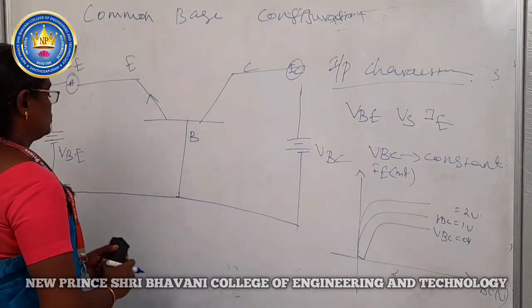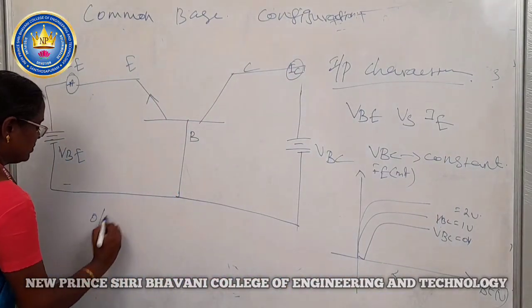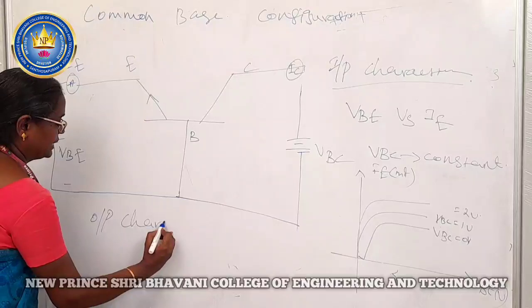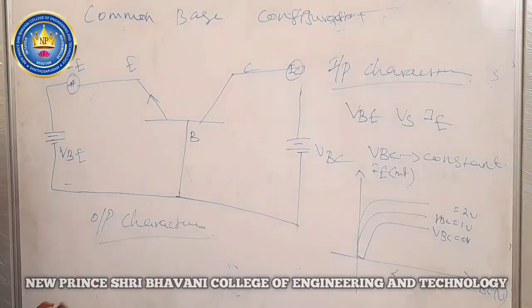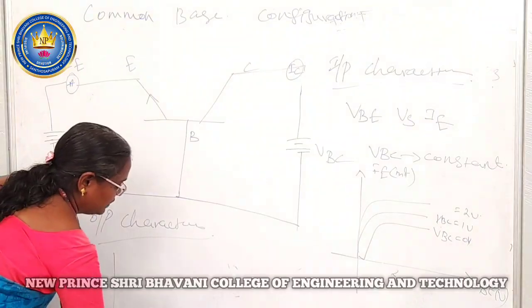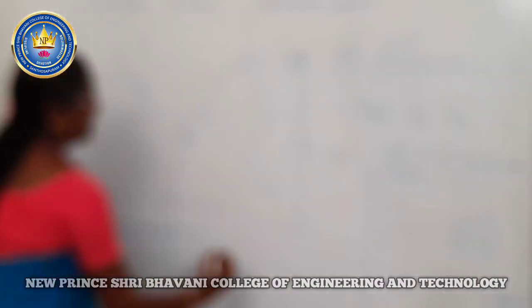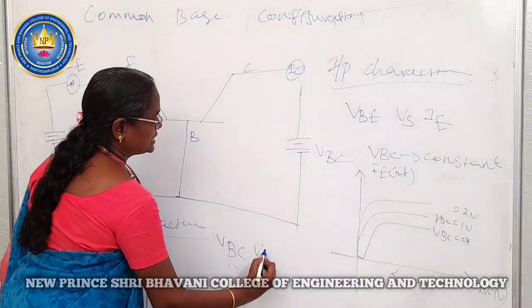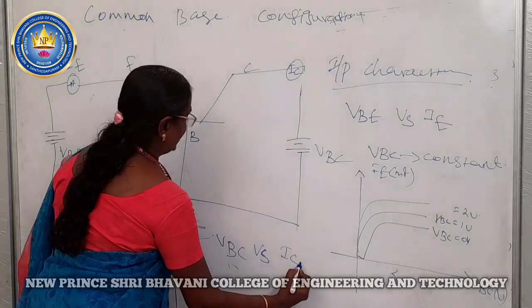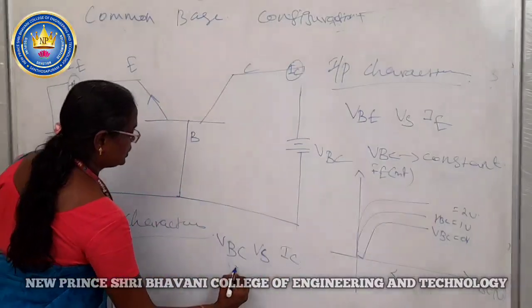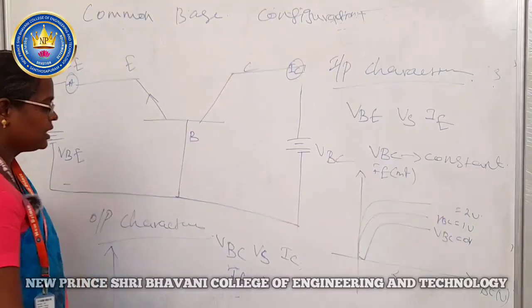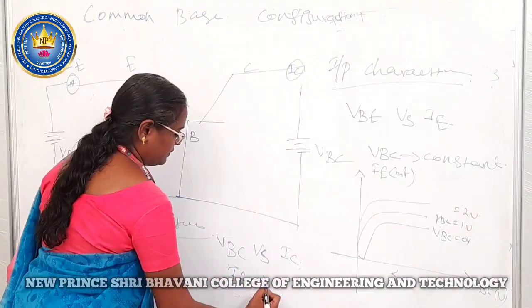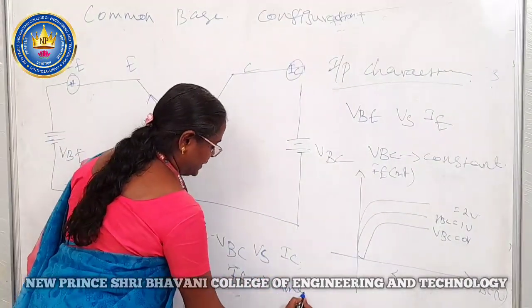Okay. And then we have to discuss output characteristics. In case of output characteristics, you have to draw the graph between output voltage versus output current. The input current is kept constant because it is a current controlled device. The output can be controlled with the help of the input current.